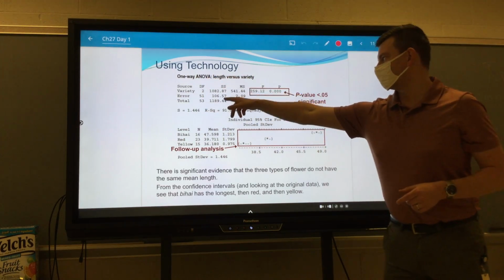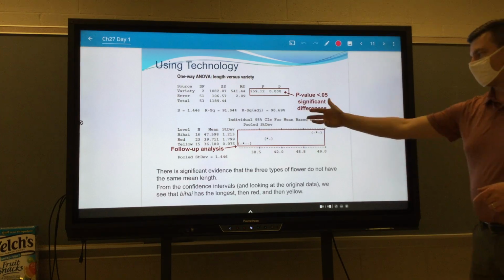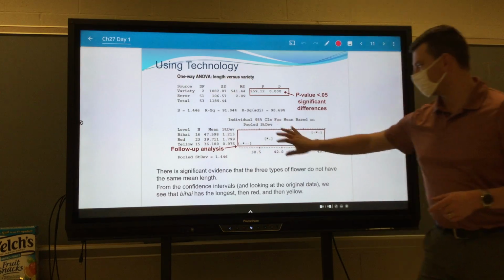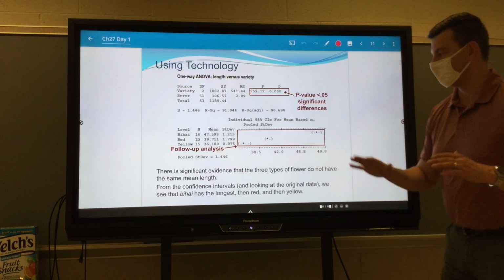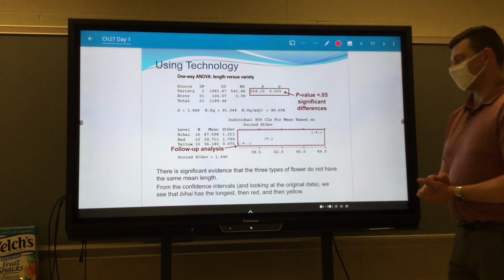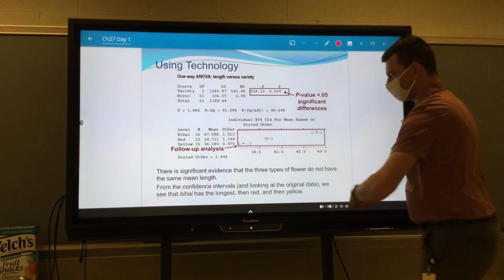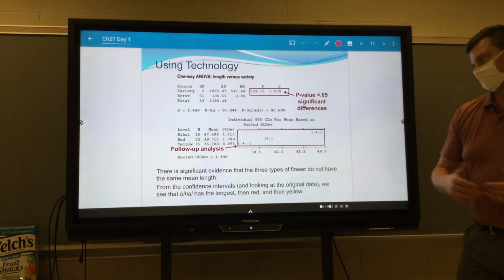Degrees of freedom, sum of the squares, mean of the squares, and so forth. Minitab, which is the software they use, gives this comparison of confidence intervals. That is not something you need to worry about for ANOVA. They give you a visualization of whether those confidence intervals overlap, to kind of give you an idea about the significance here.